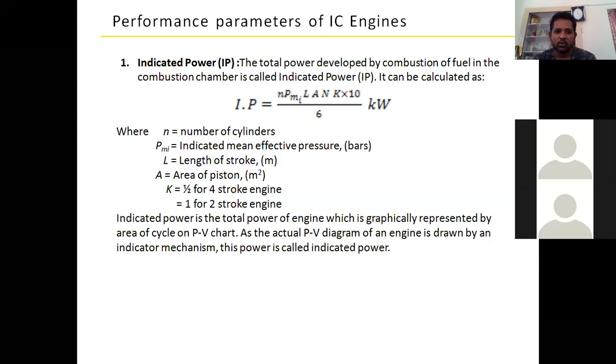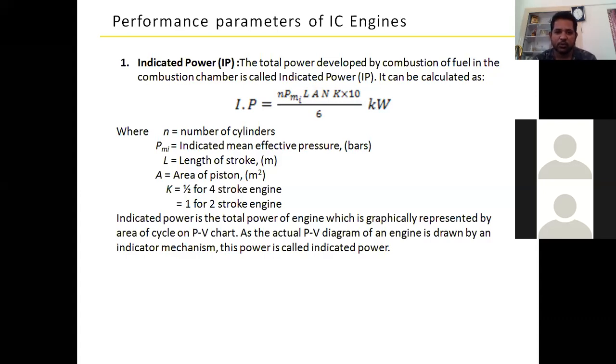But in order to see the performance of the engine, to know how exactly it is performing, or to compare engine performance, we use certain parameters as a reference or benchmark to validate or compare the engine. These are indicated power, brake power, mechanical efficiency, volumetric efficiency, friction power. All that we are going to discuss.